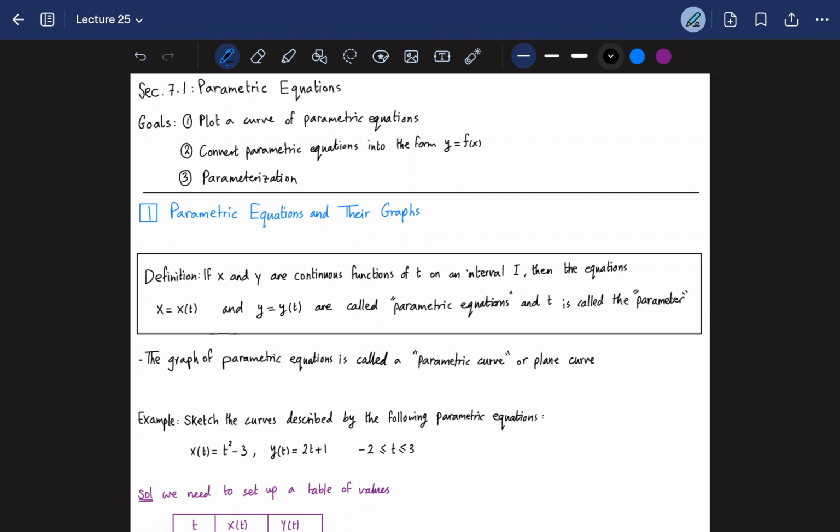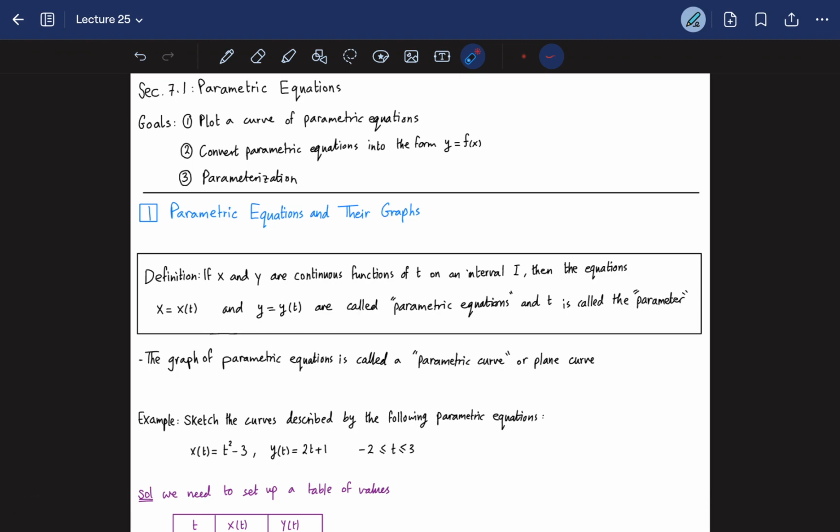So let's define parametric equations. If we have two functions that are continuous, x and y, so they're continuous in terms of the variable t on a certain interval I, the equations x equals x of t, y equals y of t are called parametric equations, and t is my parameter.